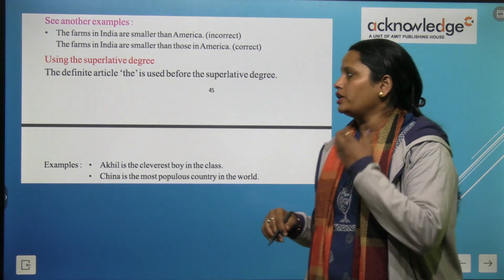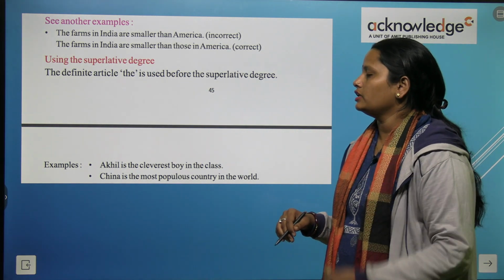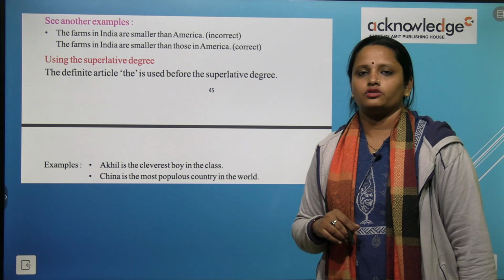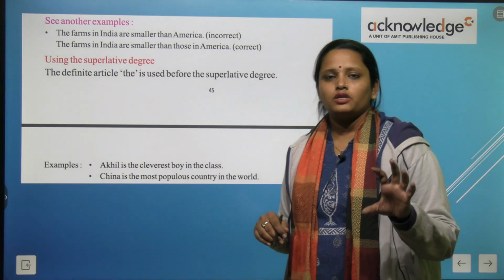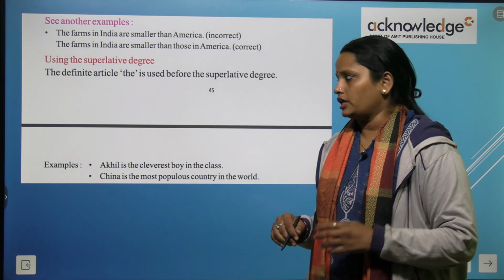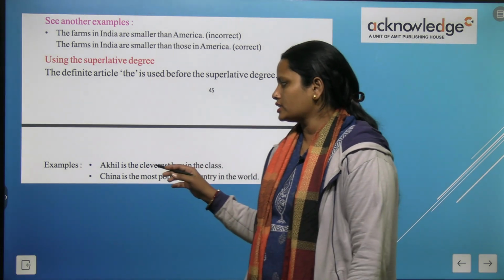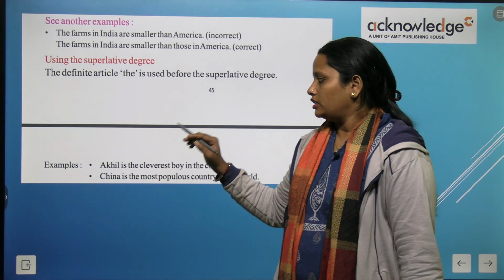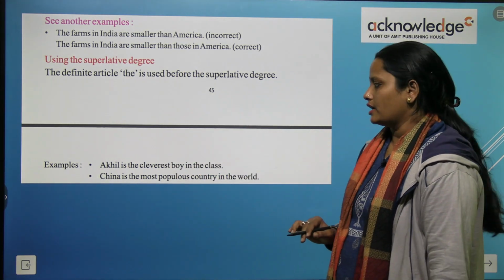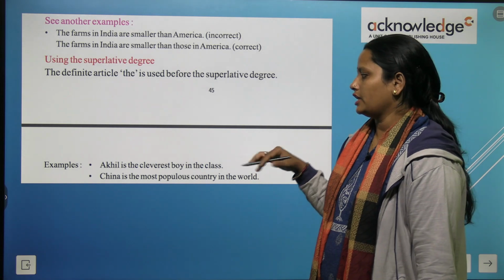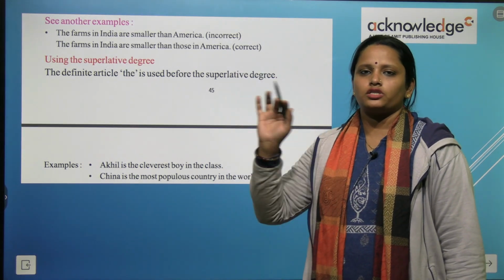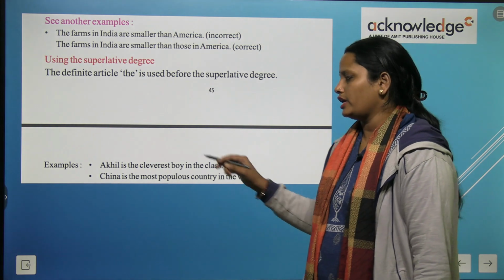Now using the superlative degree, how can we use the superlative degree? Definite article "the" is used before the superlative degree. So whenever we get a superlative degree question, we will find "the" written in it. For example, Achilles is the cleverest boy in the class. Here "the" is written and "clever" has become "cleverest" with "est". So among all the children in the class, who is the most clever?